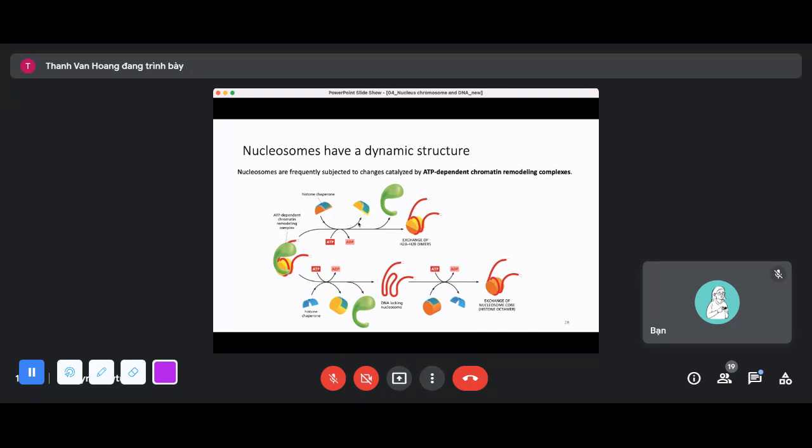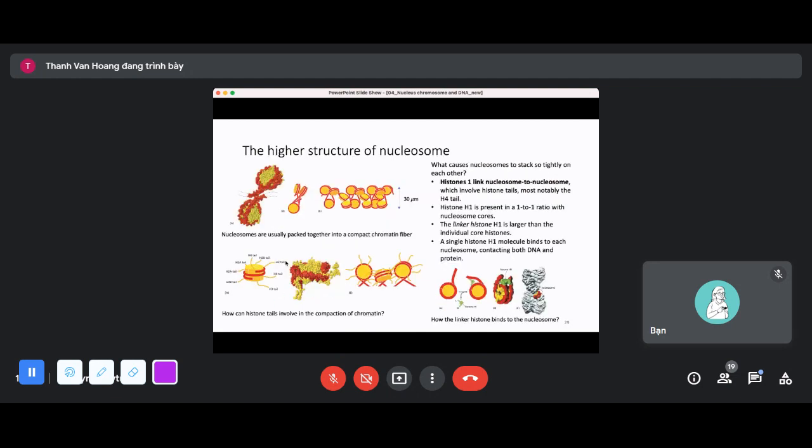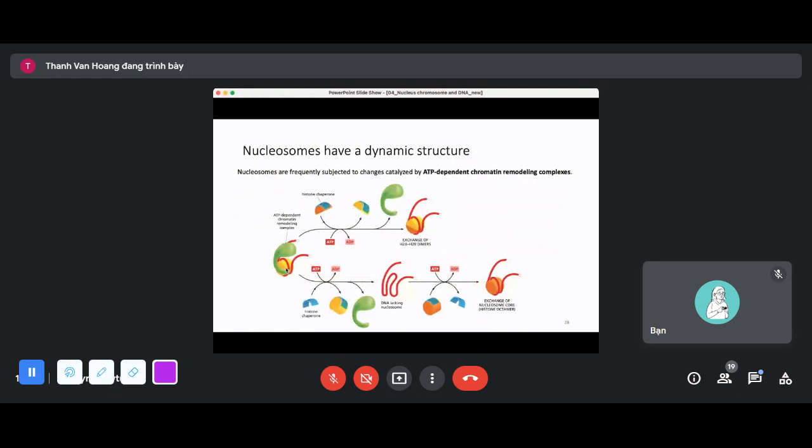And this enzyme can change the histones which are bound to DNA at certain positions with a histone isotype, or variant. The histone variant may have different functions compared to the conventional histone, and with this, it also changes the characteristics of the DNA in this region.